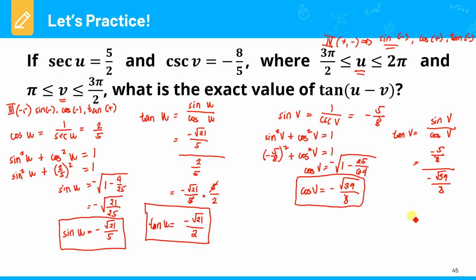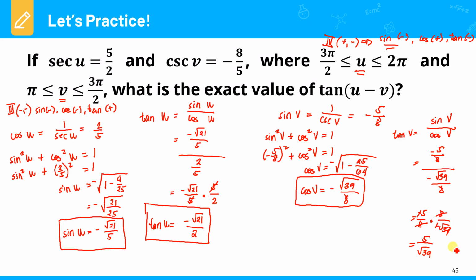So you have negative 5 over 8 multiplied by 8 over negative square root of 39. The negative can be divided out, the 8 can be divided out. So our tangent is equal to 5 over square root of 39.